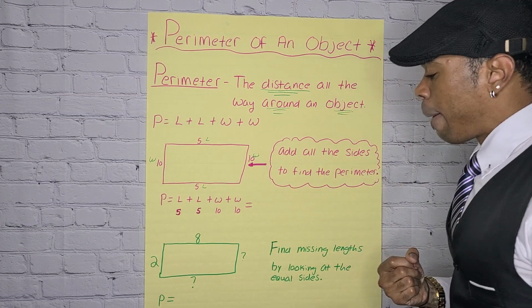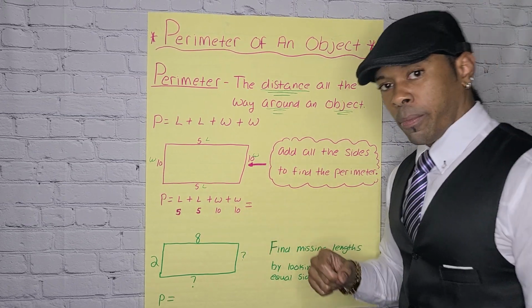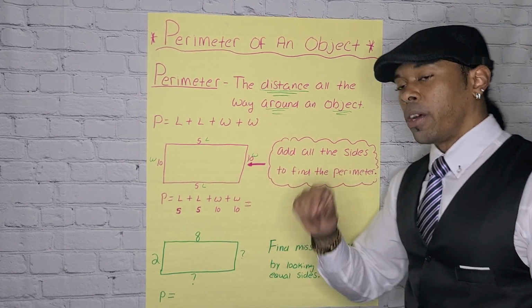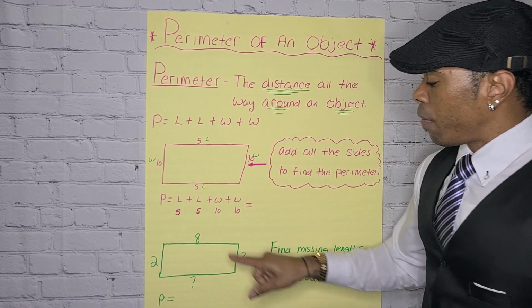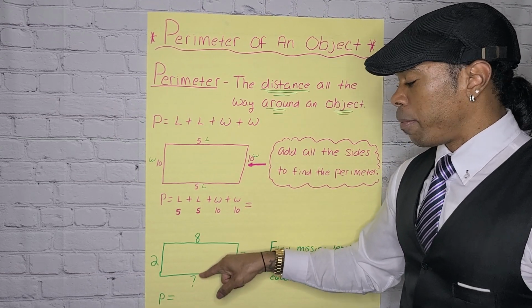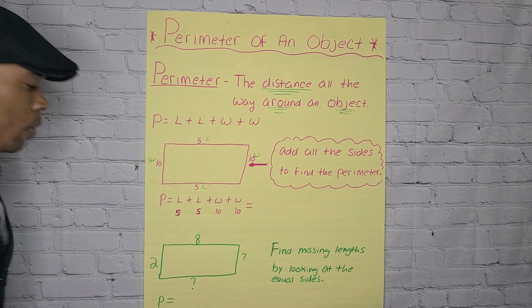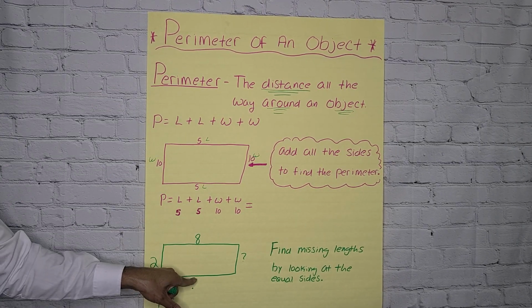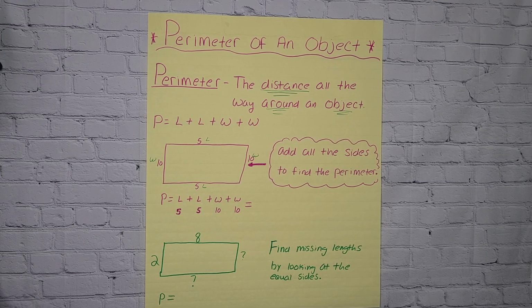Now if you look at the top number and you're going across like this, you're looking at the length. This line at the top is parallel to the line at the bottom. The measurement from my top line is 8. So that means the measurement from my bottom line is also going to be 8.